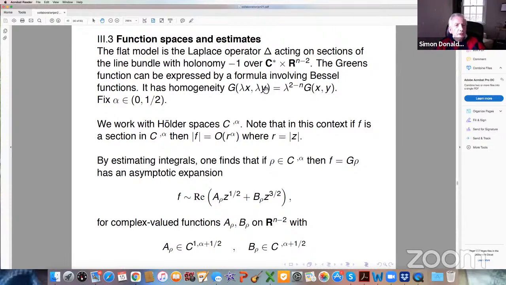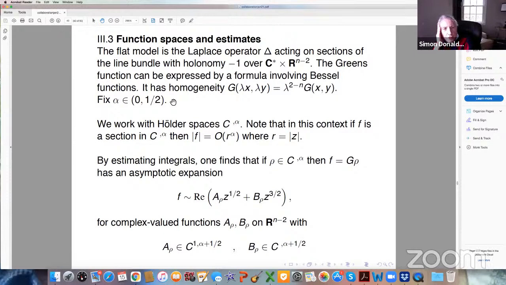So we're going to work in Hölder spaces, variants of those. We'll fix an exponent alpha, which is going to be between 0 and 1. It would be nice in many ways to take alpha equal to 1/2, but for some purposes that doesn't exactly work. So you can think of alpha as being a tiny bit less than 1/2, if you like.